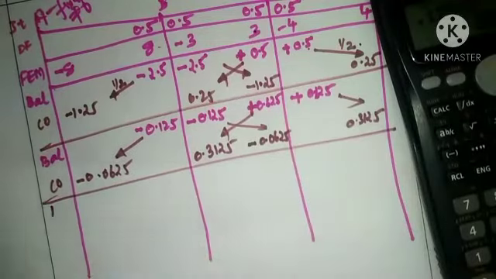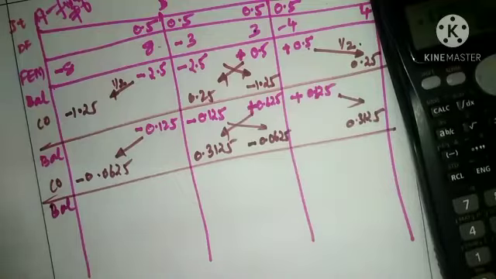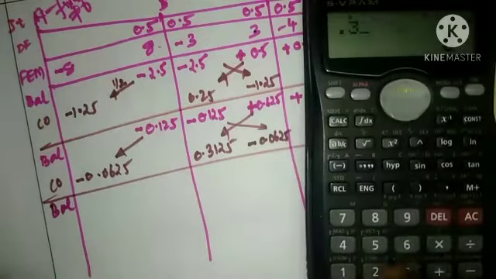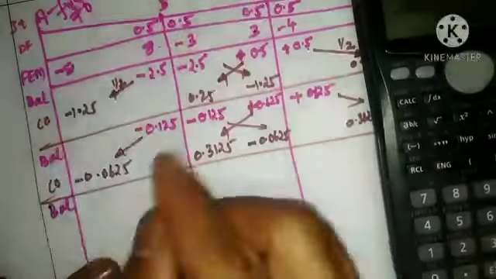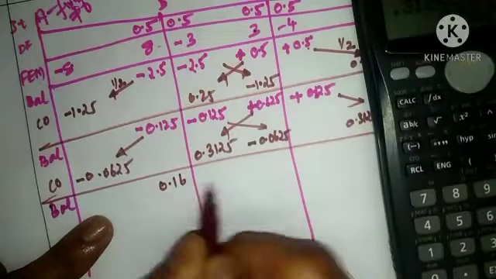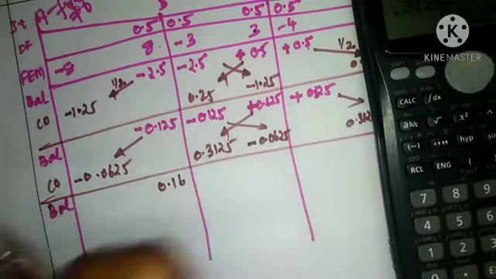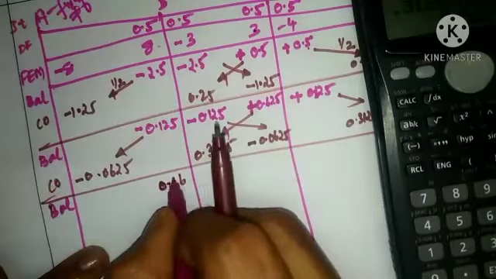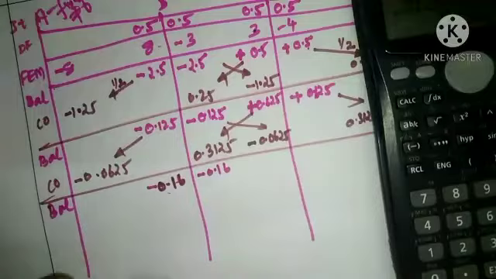So 0.3125 multiplied by 0.5 comes as 0.156, so I shall write it as 0.16. Positive sign, the opposite will be negative, so here it will be 0.16 negative, 0.16 negative.